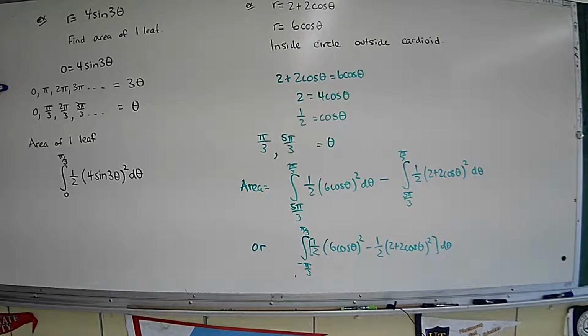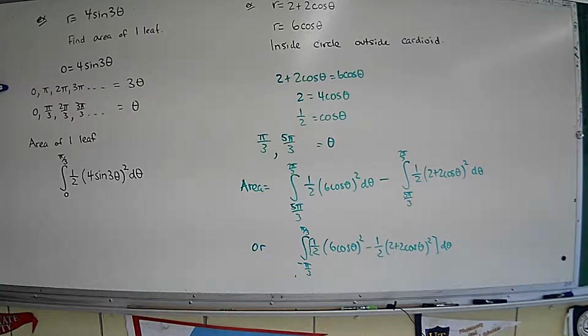The reason for that is because I knew right away when I started it that the circle only went 0 to pi. Right? 0 to pi traces out that whole circle. And so I was like, oh, that's going to mess me up. So I just treated the circle totally separate. And I calculated the bounds of the circle first. Then I did the cardioid. Questions on that?